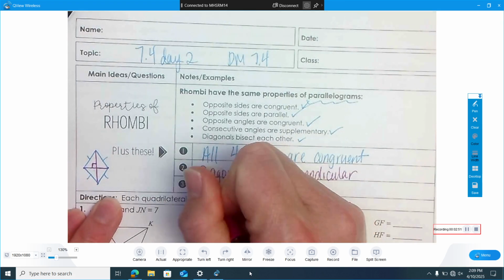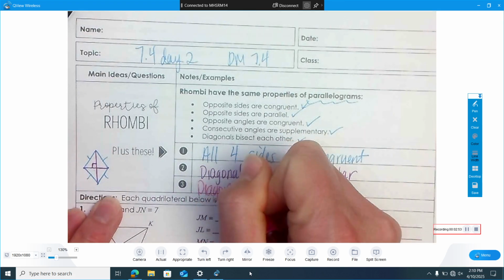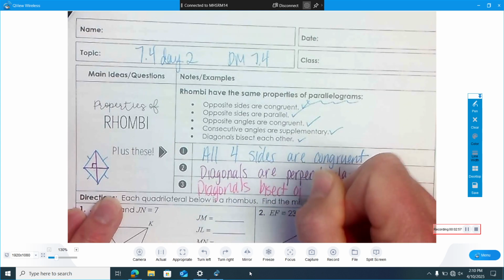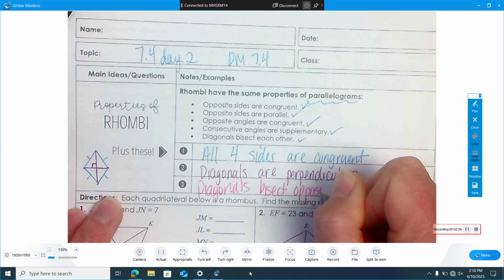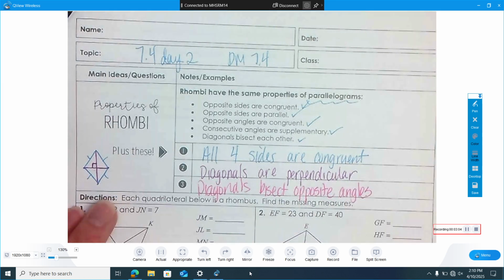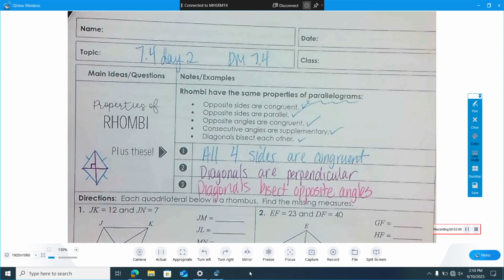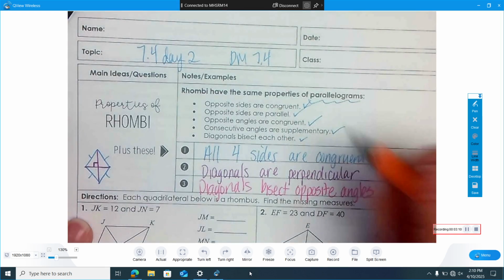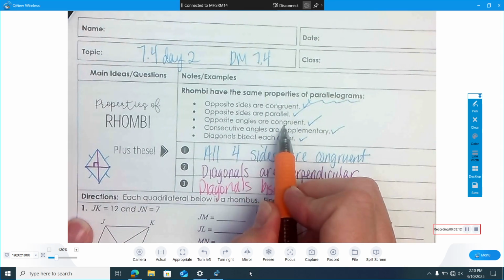Let's see, we also have the diagonals bisect opposite angles, which is very interesting. The diagonals bisect opposite angles, which is important because we already know that opposite angles are congruent.